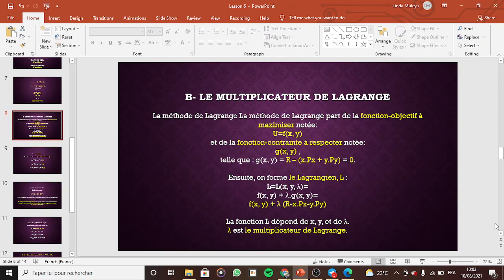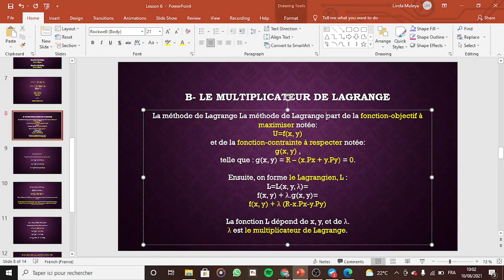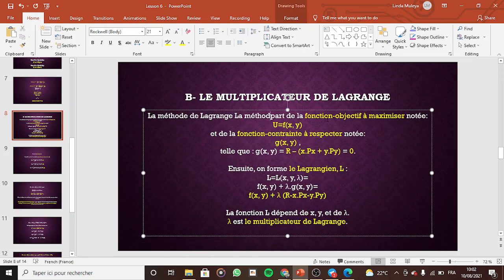So, on our first point here, it says, La méthode de Lagrange. Hold on, there's a problem here. La méthode de Lagrange part de la fonction objectif à maximiser, which is our usual formula for total utility. U is equal to f of x and f of y.